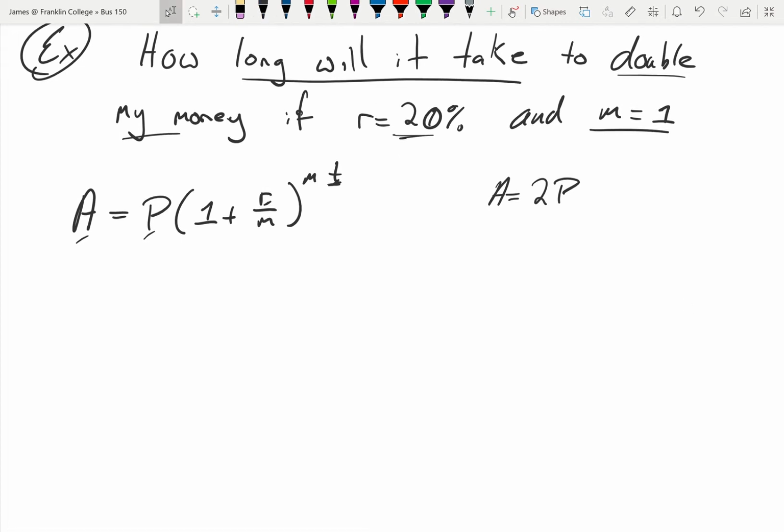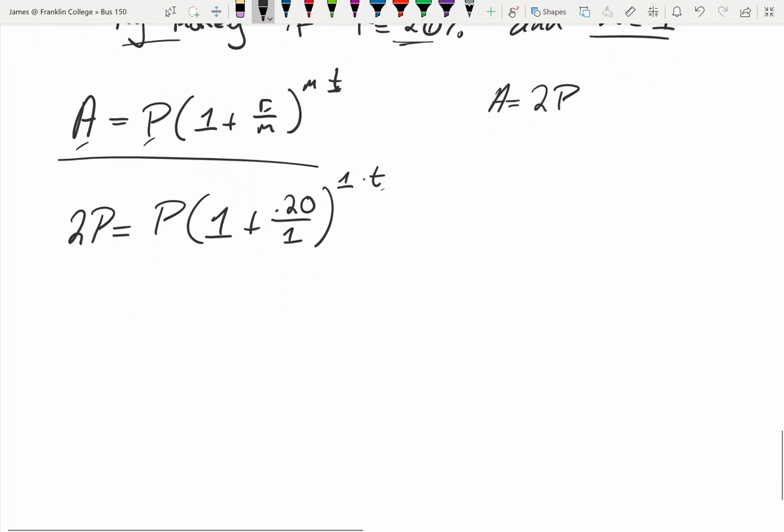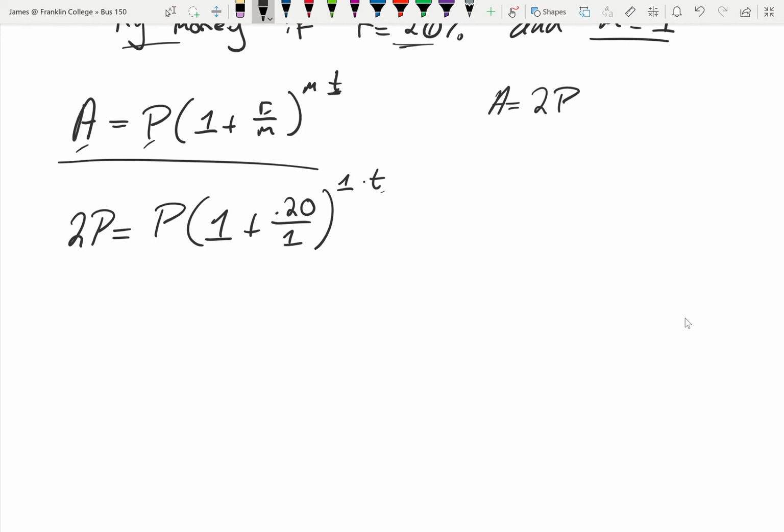So we can start plugging some information into this equation. We have 2P equals P times 1 plus 0.2 divided by 1, all raised to the 1 times T. And we want to solve for that T. What we can do right off the bat is divide both sides of this equation by P to get rid of these annoying P's.